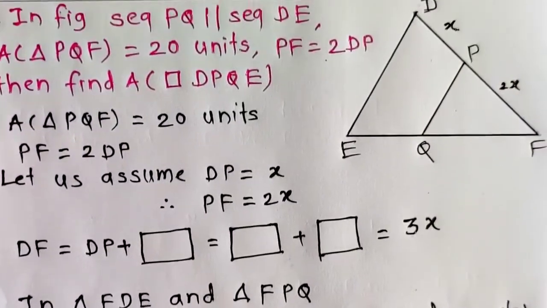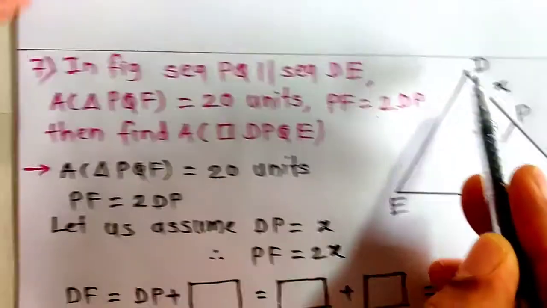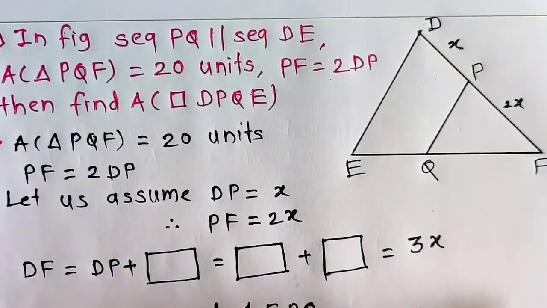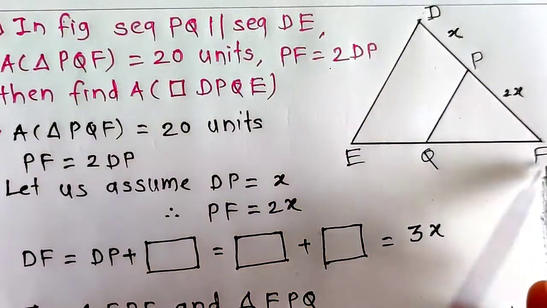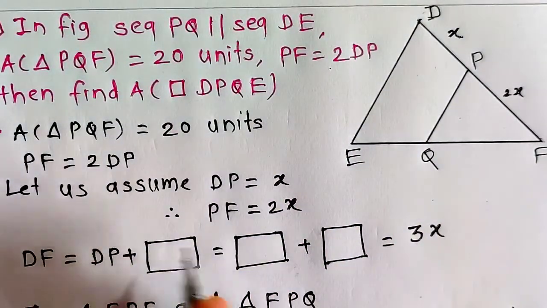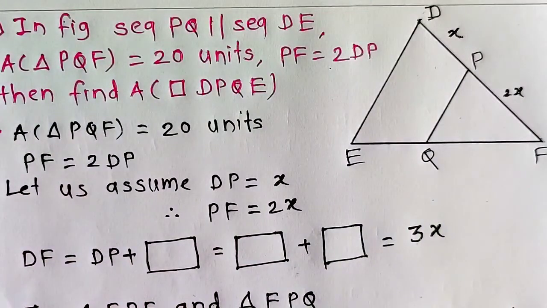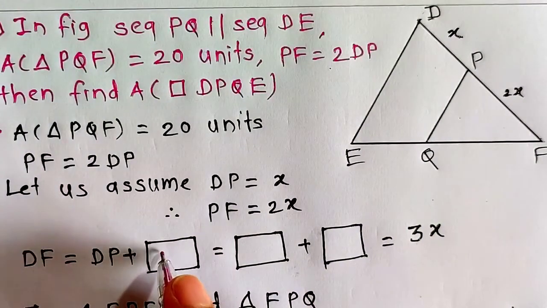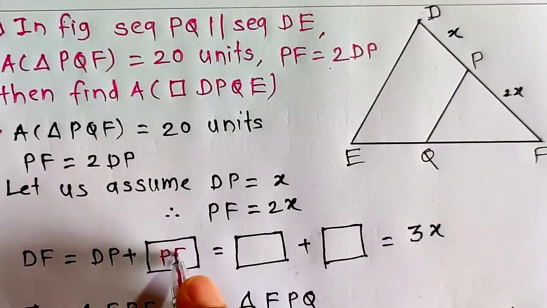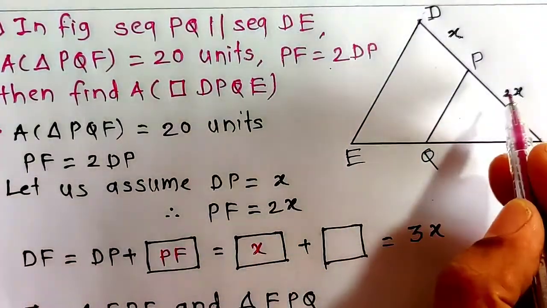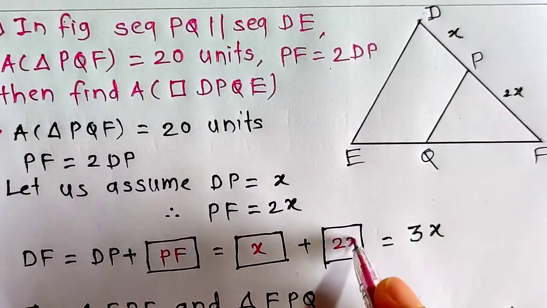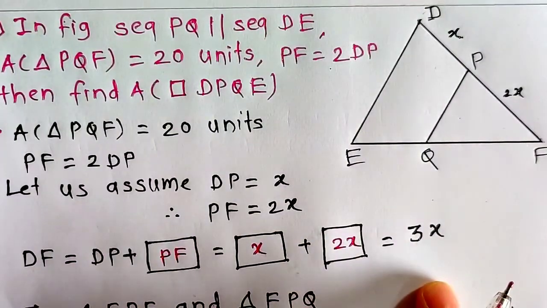This DF can be written as DP plus PF by the segment addition property. Now DP is X and PF is 2X, and therefore our answer is 3X.